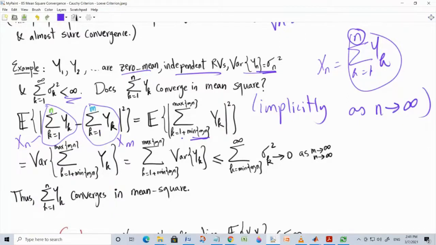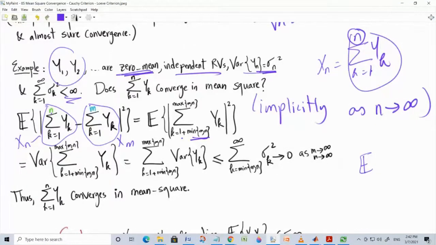So we are summing, and then we are taking the magnitude square. And those guys are zero mean. So what is this expectation? If a quantity is zero mean, then its second moment is equal to its variance.